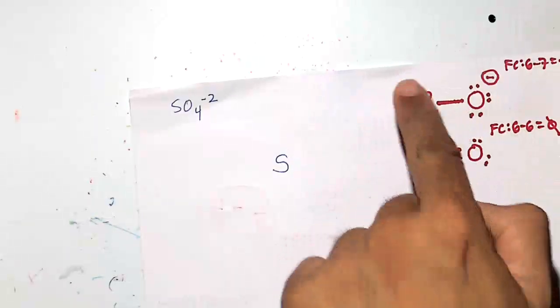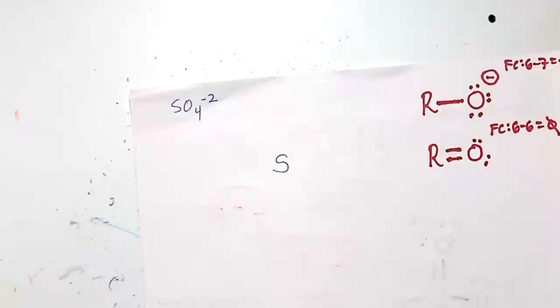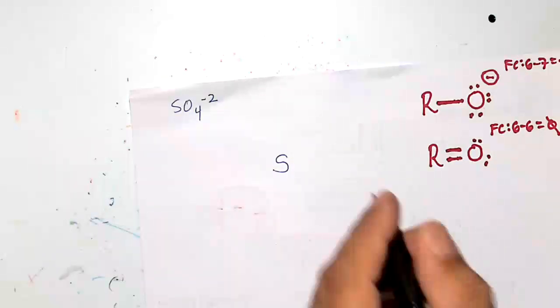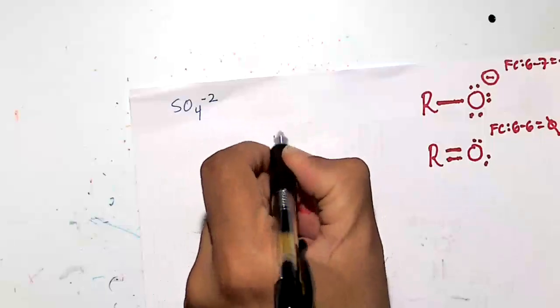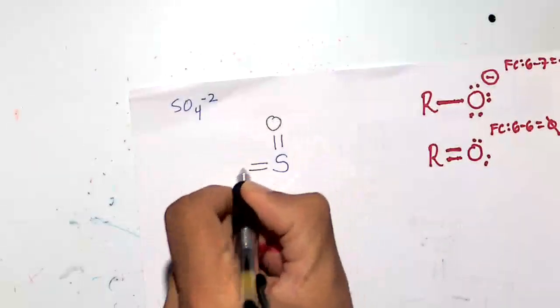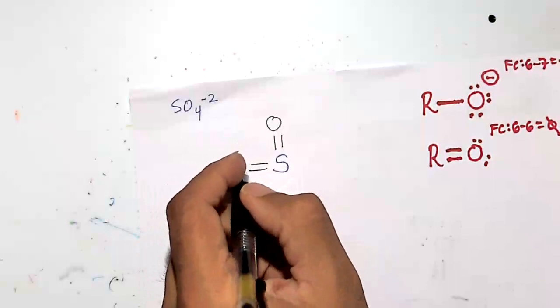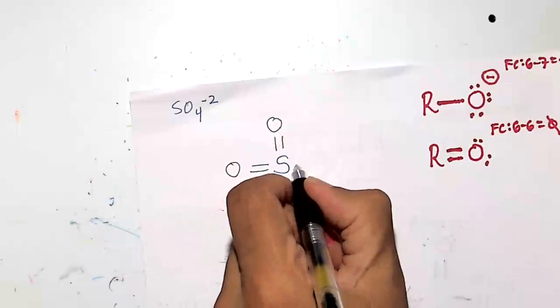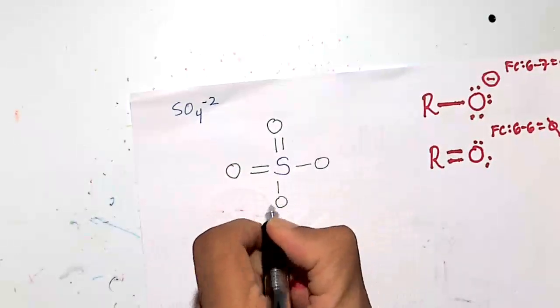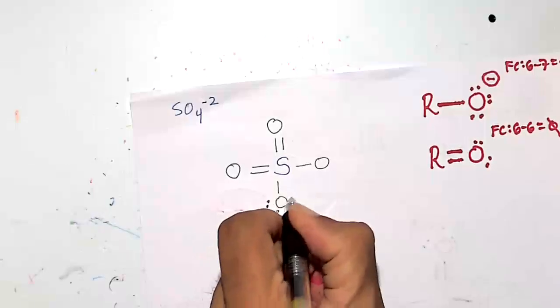That's good. So this is how oxygen can bind. Having said that, how will we get to minus 2 now? 2 double bonds to oxygen. And then what's next? 2 single bonds. And what will be the charge on those 2 single bonds?